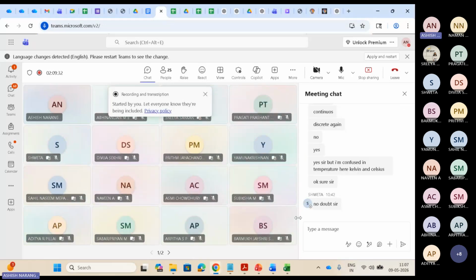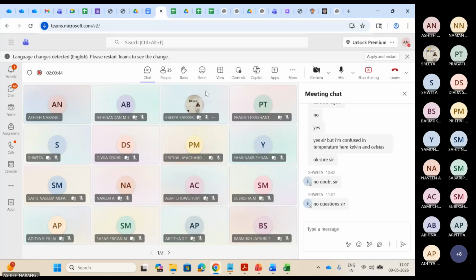Okay. Any questions? Shweta? Okay. Shreya Sarkar? No response. Naveen? Naveen? Divija Shekhari? Can somebody please respond?